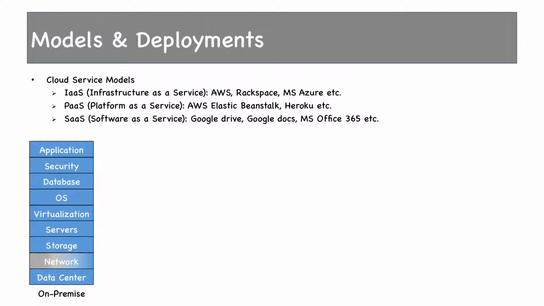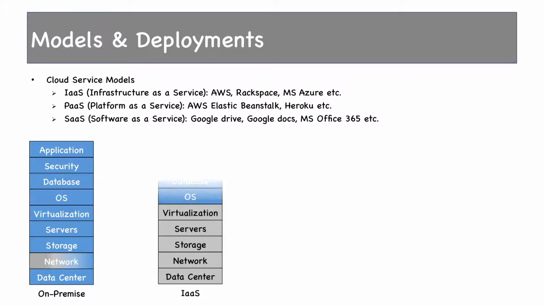Now, let's see how infrastructure as a service works. In this case, data center, network, storage, servers, you have the exact same thing, operating system, database, security. Now the blue portion is something which you manage and control. That is your responsibility.